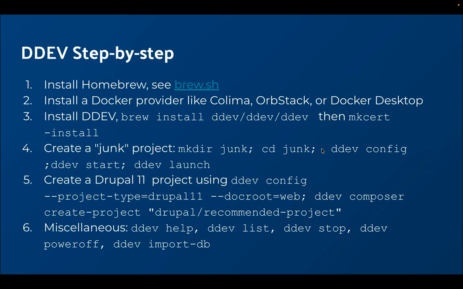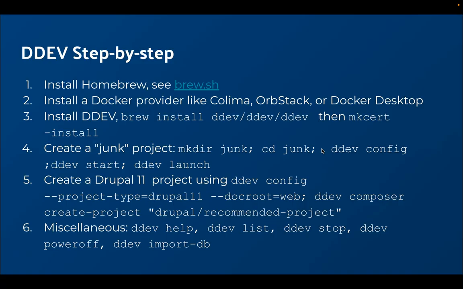So here's what we're going to do. This is the step-by-step here. We're going to install Homebrew because we don't even have it yet. Most Mac computers already have Homebrew on them, but we're going to install Homebrew. Then we're going to install a Docker provider.